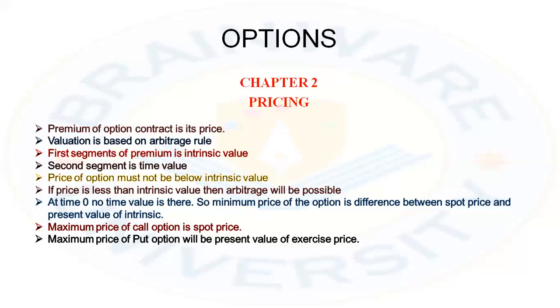If the premium is more than the spot price, then again there will be an opportunity for arbitrage, which is not permitted. So, in case of a call option, we can say that in general the minimum price limit is the intrinsic value and the maximum price limit is the spot price of the underlying asset.